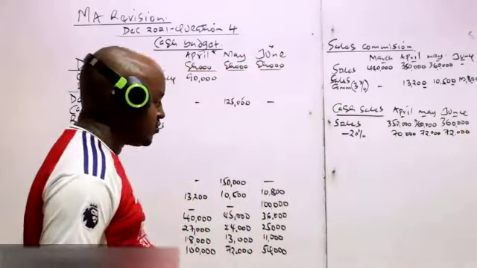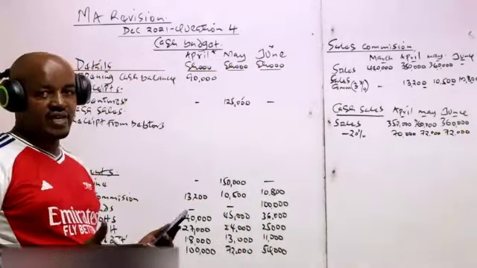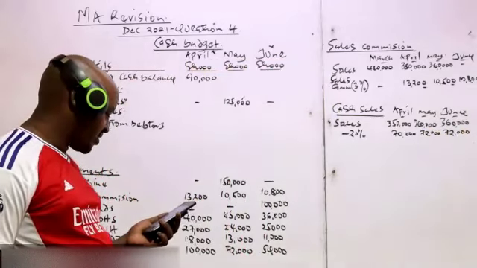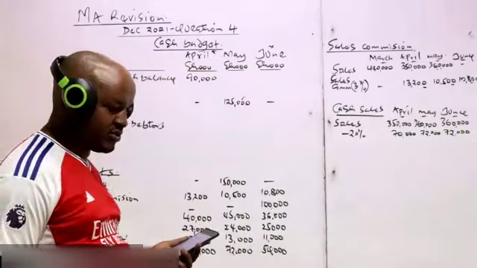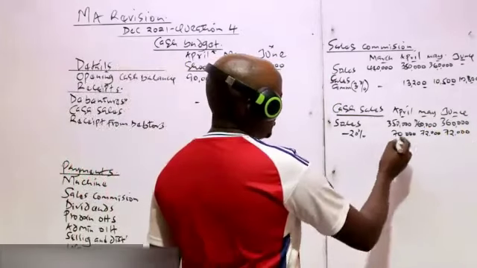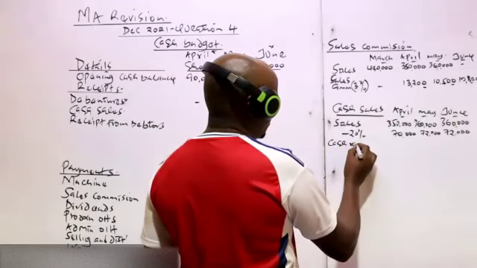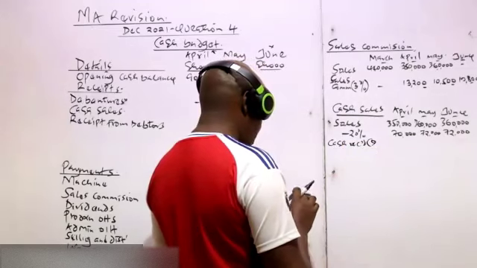But in this case, they will not pay this particular amount because they are given a cash discount for paying in cash. They are given a cash discount of 4%. So they will not pay this amount, but the actual cash to be received will be the amount after the discount.